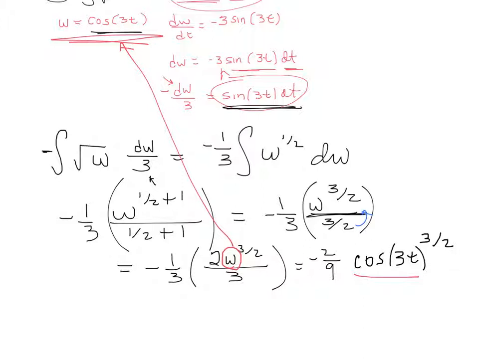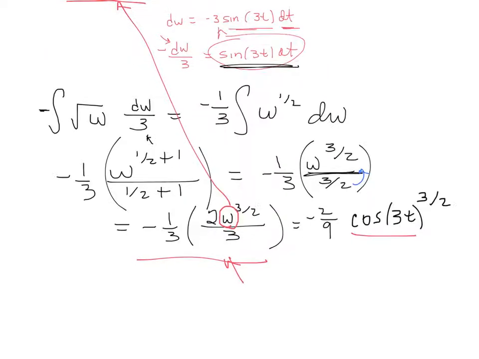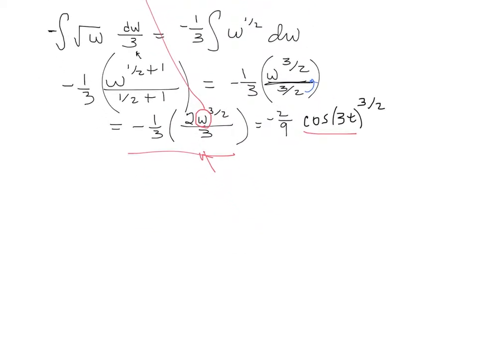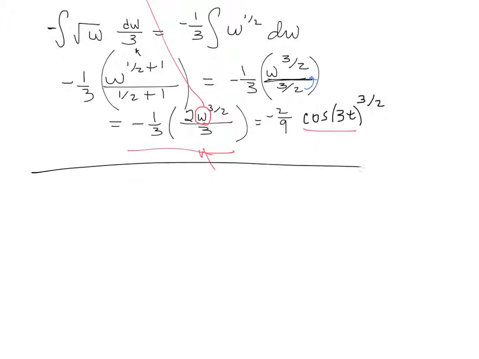That's one of the errors I see some of you make when you get these wrong: you forget to substitute back in at the very last step. So definitely work on these substitution ones, because, as you can see, they take a little longer.